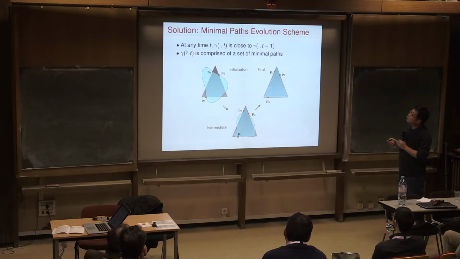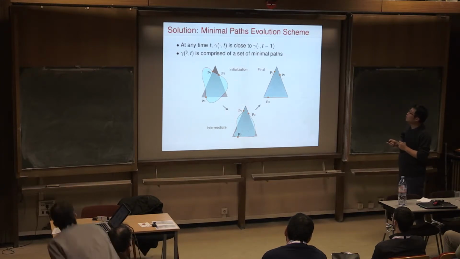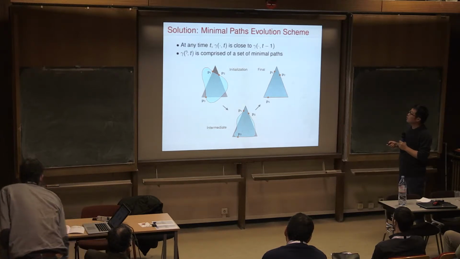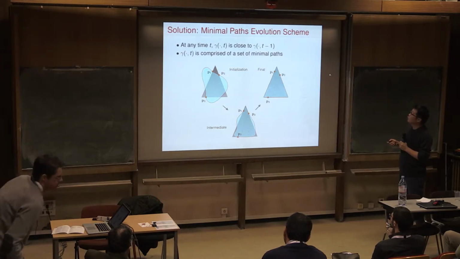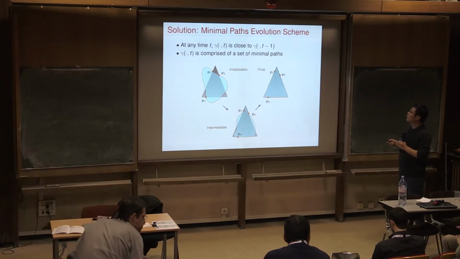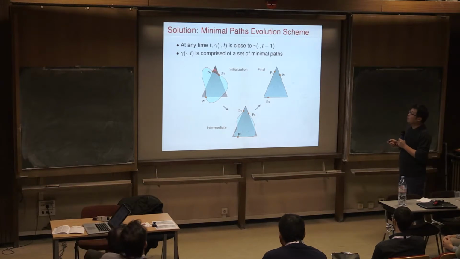We also require that at any time the closed contour gamma should comprise a set of minimal paths. Here we illustrate this idea. First, we see 3 points provided by the user, and we evolve these geodesics, and finally we can find the contour that passes by the 3 points.